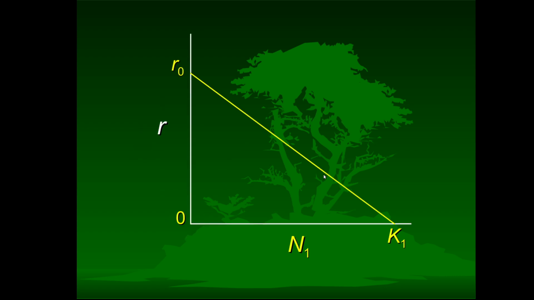And it's caused by this plot of r against N. As N increases to carrying capacity, little r decreases along a straight line from r0 at its maximum when the population is small to 0 at its minimum when N is equal to K. So that's just one population.